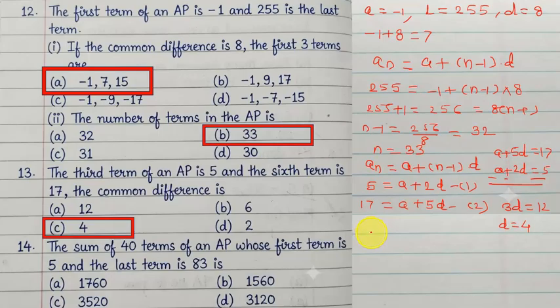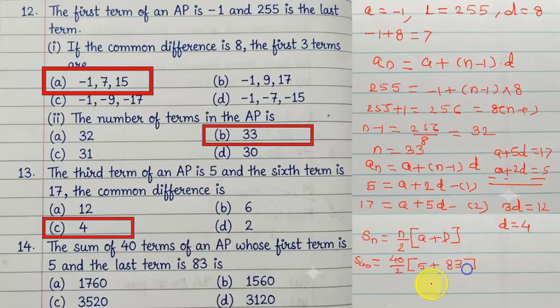We have been given the first term and the last term, and hence we will apply the formula S_n is equal to n upon 2 into (a plus l). Therefore the sum of the 40 terms means S_40, that is 40 upon 2, where the first term is 5 and the last term is 83.